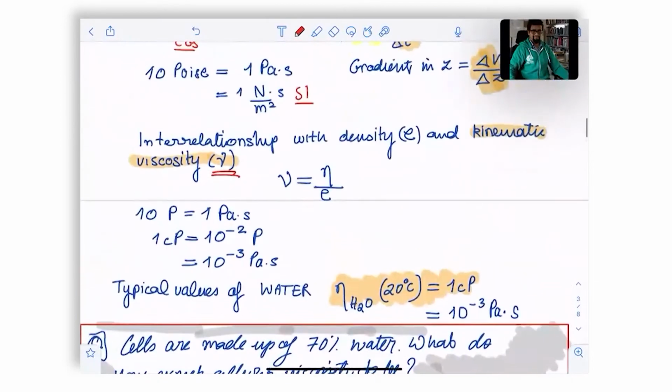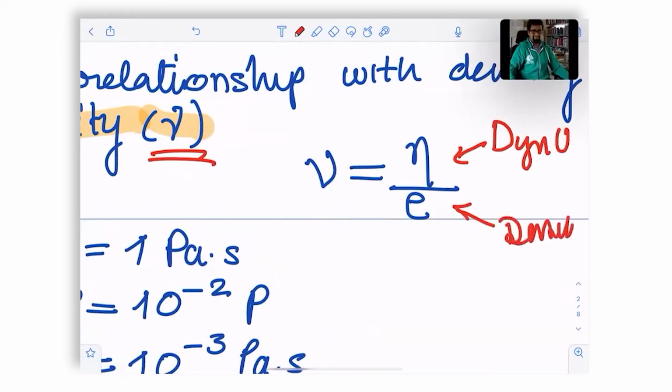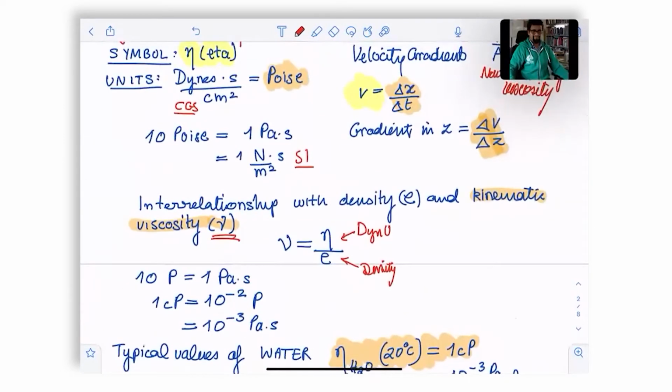And kinematic viscosity is defined as the dynamic viscosity divided by rho. Rho is nothing but density, right? And many of you may have studied some of these concepts earlier, but you will see in a little bit in the next few lecture modules that we use this term nu quite frequently.